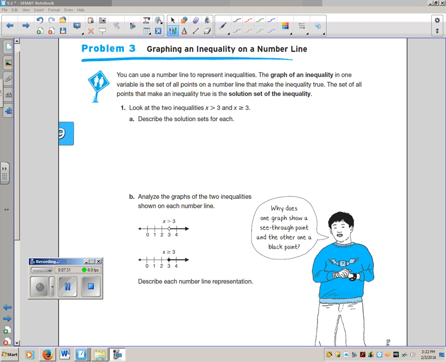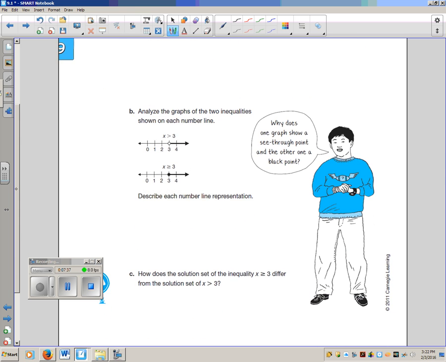All right, problem 3. Now we're going to graph the inequalities on a number line. Look at example B. This one is x is greater than 3. This one's x is greater than or equal to 3. Look at the difference in the graphs. You need to notice when it is greater than, it's an open circle.